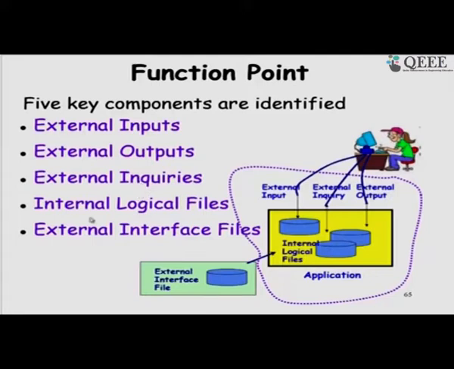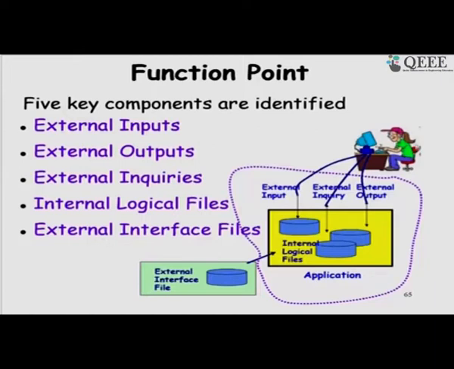Then internal logical files, these are data structures like arrays and so on, which are maintained or maybe temporary files, and external interface files, these are files which are created by external systems or maybe the user, and these are input to the software.